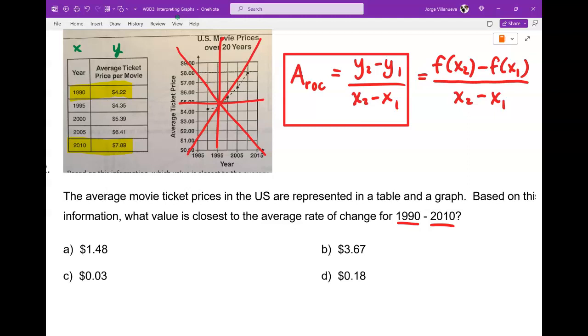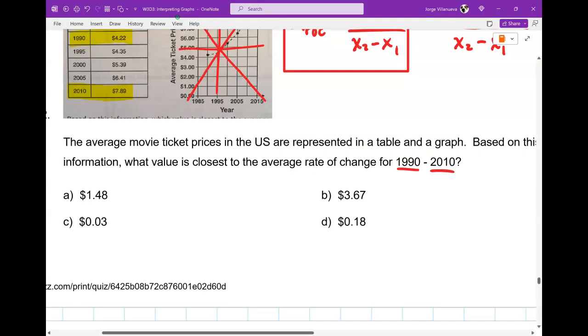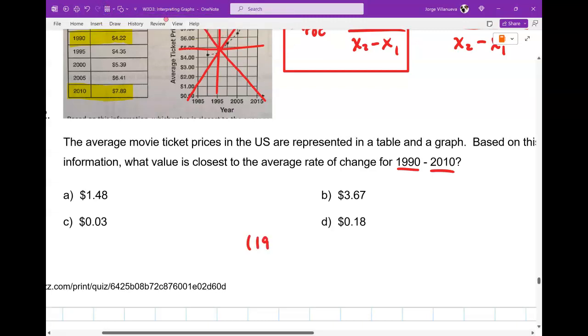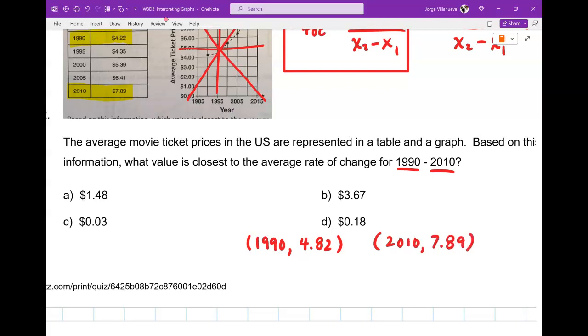All right, so I'm going to write them down for us right here, just so that you can see what I'm doing. So 1990 was $4.82. I'm not going to use the dollar signs. And then 2010 was $7.89. And I'm going to find the slope using those 2 points.